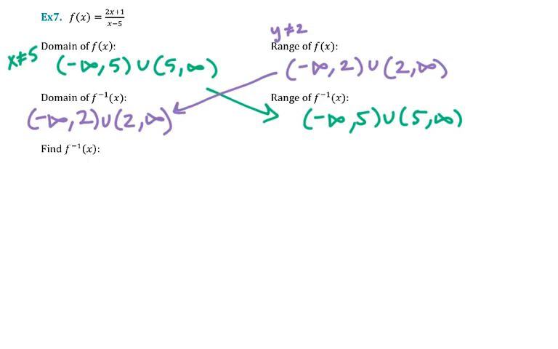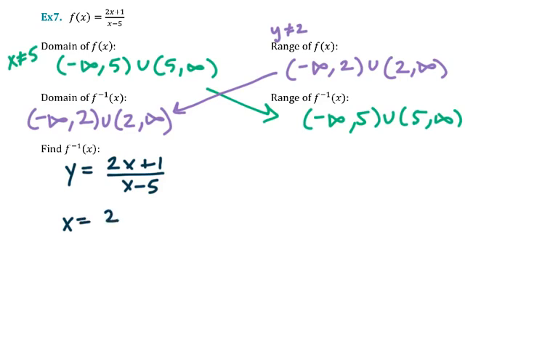So the last thing we're going to do in this video is we're going to find the inverse function. We always do it the same way. We replace f of x with y. I've got y equals 2x plus 1 over x minus 5. Then we're going to interchange our x and y values.